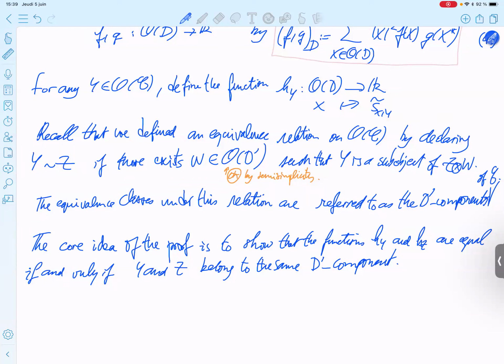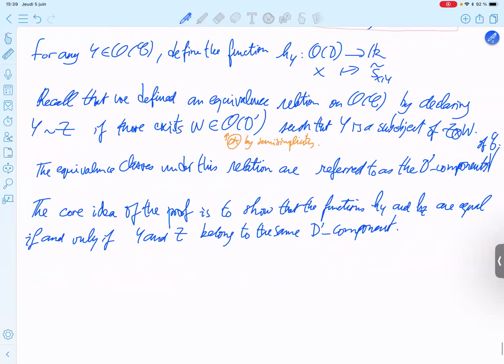Either y and z are in the same component, and the functions are the same, or y and z are in different components, which means the functions are orthogonal. So it's very rigid. There is nothing in between.